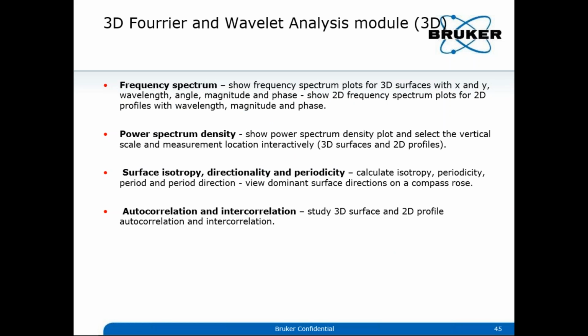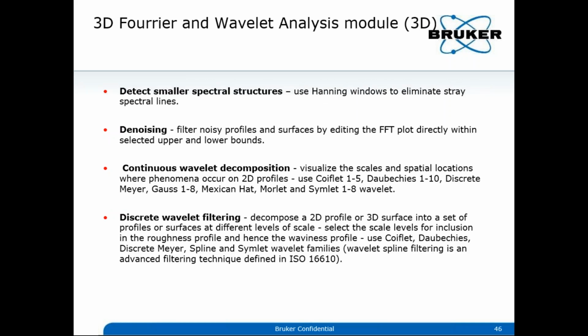In this module, it has a lot of mathematical functions like frequency spectrum, power spectrum density, surface isotropic directionality, and also periodicity, autocorrelation, intercorrelations, and these kinds of functions for people that are studying surface texture in detail. There are a lot of functions included in this 3D module as well, such as detecting the smaller spectral structures, denoising.